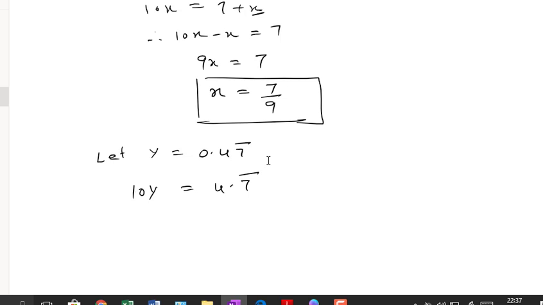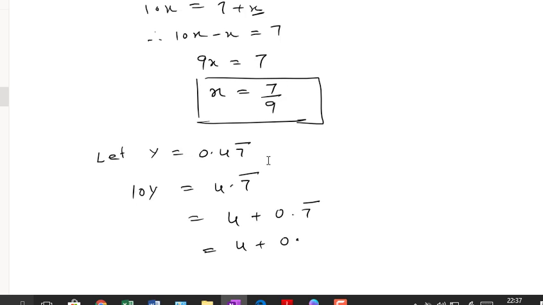Now 4.7 bar means 4.7777 like that. Here y is 0.47 bar. So this can be written as 4 plus 0.7 bar. So 0.7 bar means 0.7777.